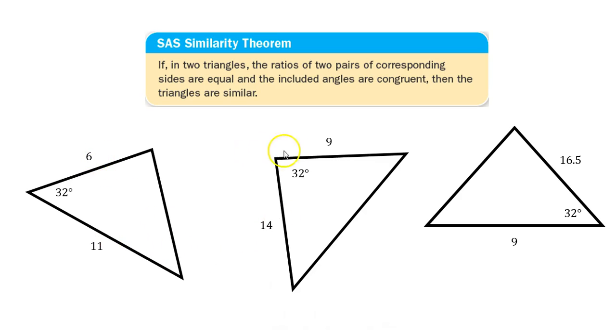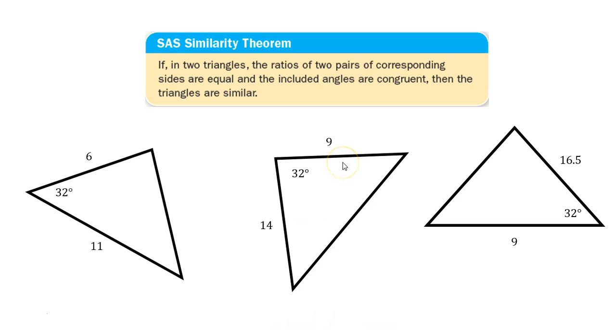I would map 6 to 9 because it's the shorter side, 11 to 14 because it's the longer side. 6 times 1.5 is 9, and I can find that by doing 9 divided by 6. 11 times 1.5 is not 14. So these two triangles cannot be proportional because the multiplicative relationship between 6 to 9 is not the same as the relationship of 11 to 14. There's a difference there. So it could either be the first and the last or the second and third.